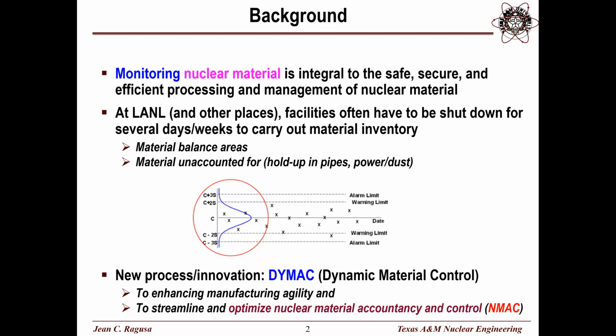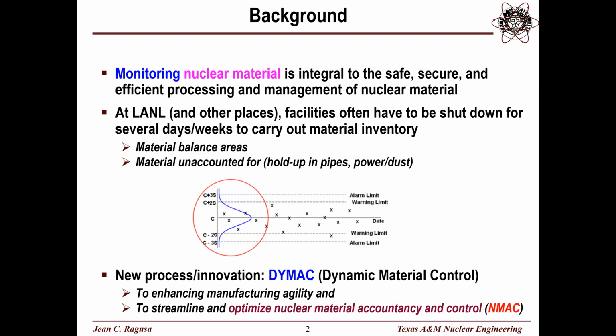And so at Los Alamos and at other places, sometimes production facilities have to be shut down or put offline for a period of a few days or weeks to do what people call a material inventory. You need to make sure that whatever came to your facility, whatever left your facility, and whatever is still in the facility, you have balance.